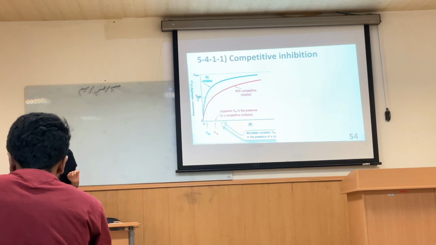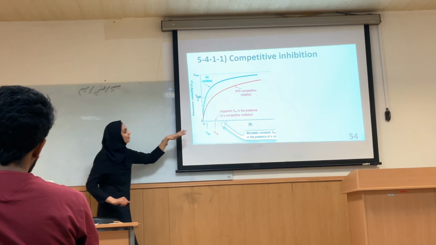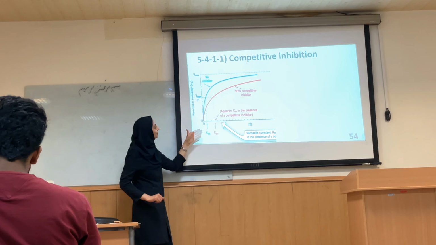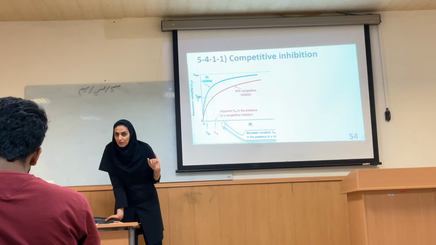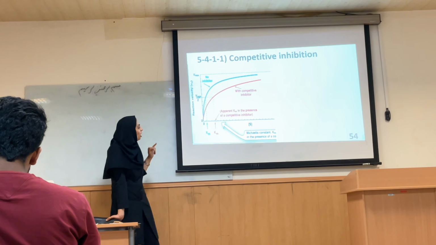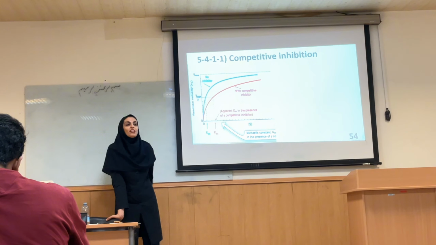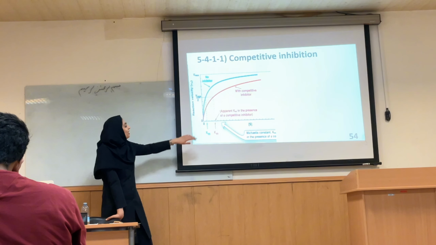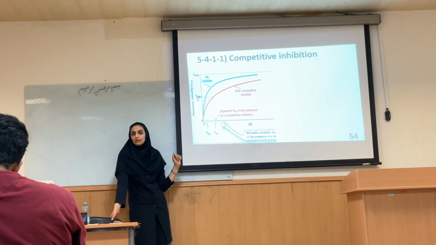Guys, about competitive inhibition, I want to tell you about the changes that occur in some items like Vmax and Km. Competitive inhibitors just have an effect on the affinity of the enzyme to the substrate, and they decrease the affinity of enzymes to substrates.